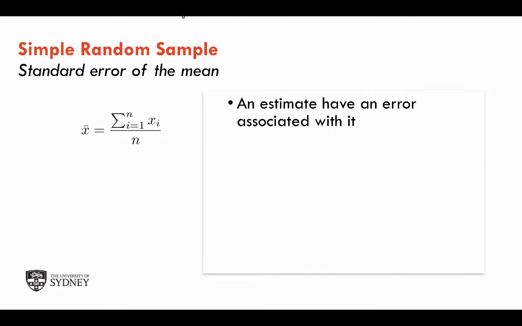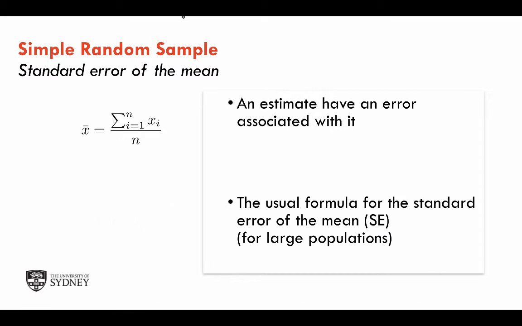An estimator of a population parameter has an error associated with it, which is usually represented by the standard error, in this case the standard error of the mean. You might recall from other units that the standard error is given by the square root of the variance divided by the sample size. However, this formula is derived for large populations or infinite populations.